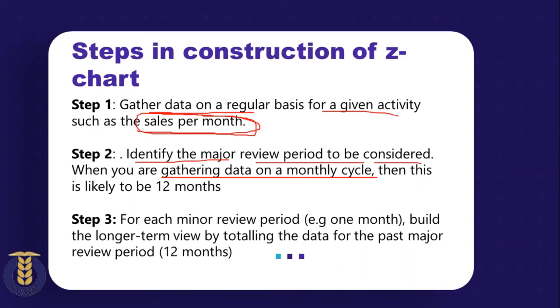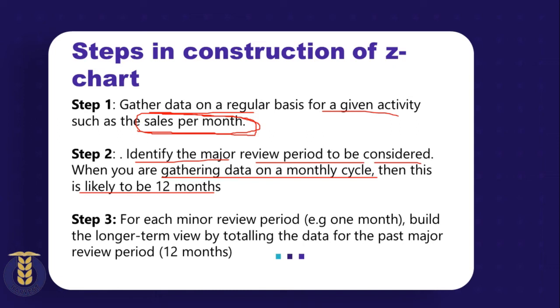We shall use monthly sales data. So at the end of the day, the monthly sales data can be accumulated or can be viewed over a longer period, let's say 12 months. So the data that we are going to collect should be covering the period of 12 months.